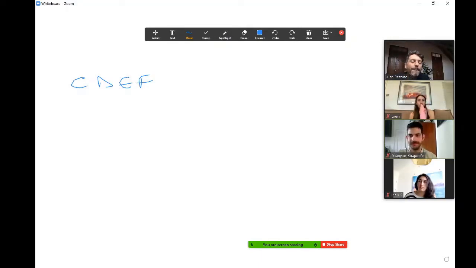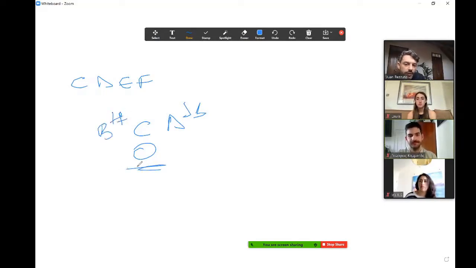Why is it called pitch class? Because 0, that is C, is also D double flat, right? It is also B sharp. All of it is 0.